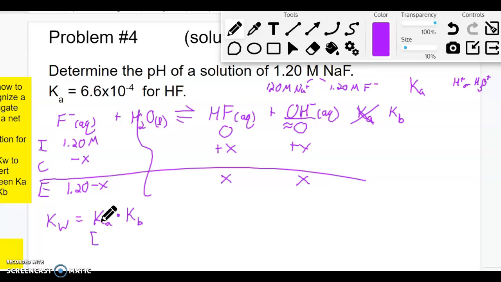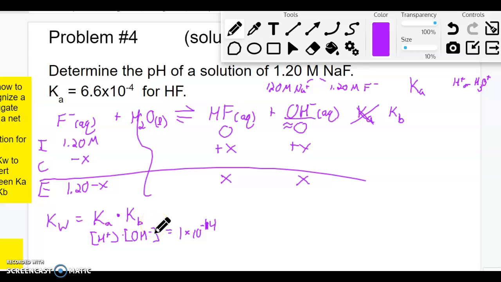It's the same thing that we had for the concentration of H plus times the concentration of OH minus. And it's equal to 1 times 10 to the negative 14th. And so if I know my Kw, which is constant, and I know one of these things, either Ka, Kb, H plus, or OH minus, I can solve for the other thing.